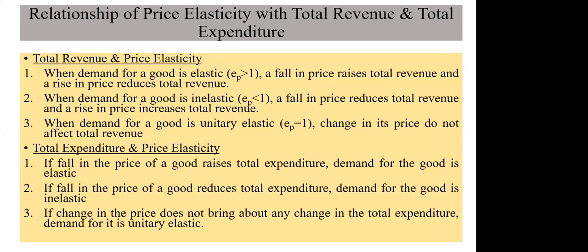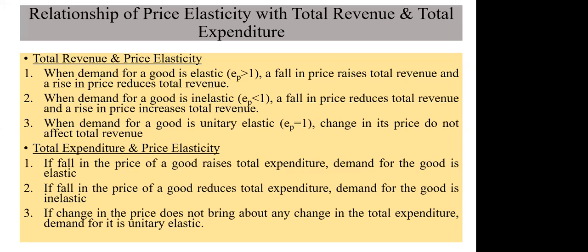How so? Suppose again the same example, at rupees 100 you are buying 1 kg apple, your total expenditure was 100 and the producer's total revenue was 100. Now with the fall in price from 100 to 80, you are only buying, suppose, 1.1 kilo. So you have only increased by 100 grams.